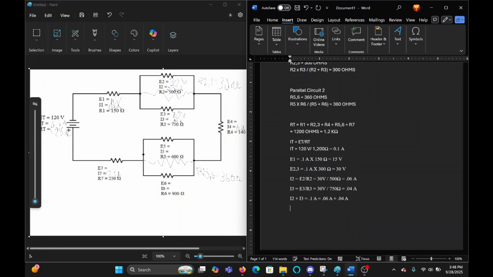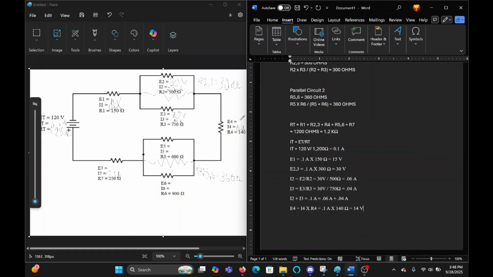So what's missing now is E4. And that's equal to I4 times R4, so current 4 and resistance 4. That's going to equal 0.1 amps times 140 ohms, and that's going to equal 14 volts.